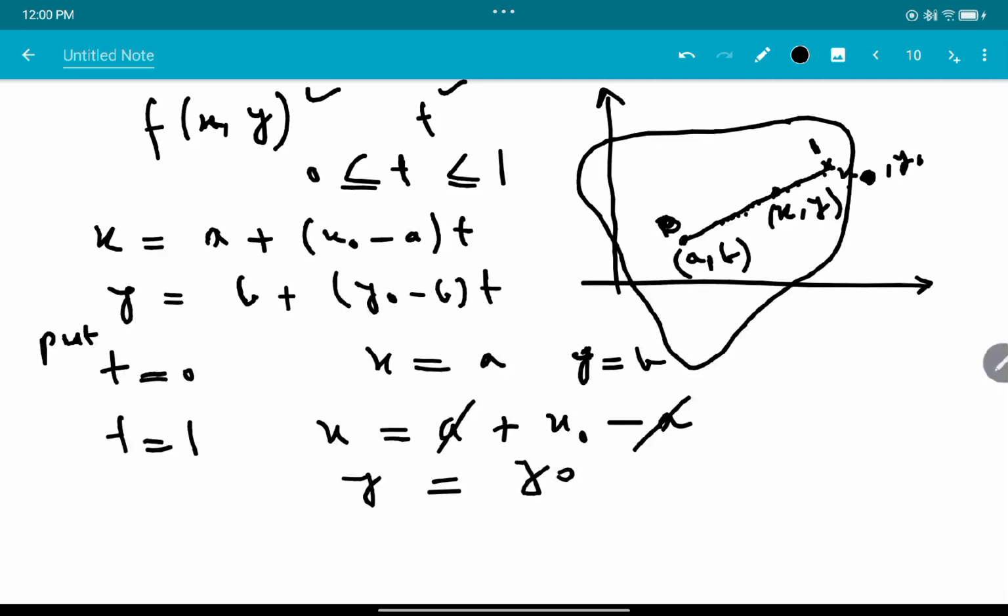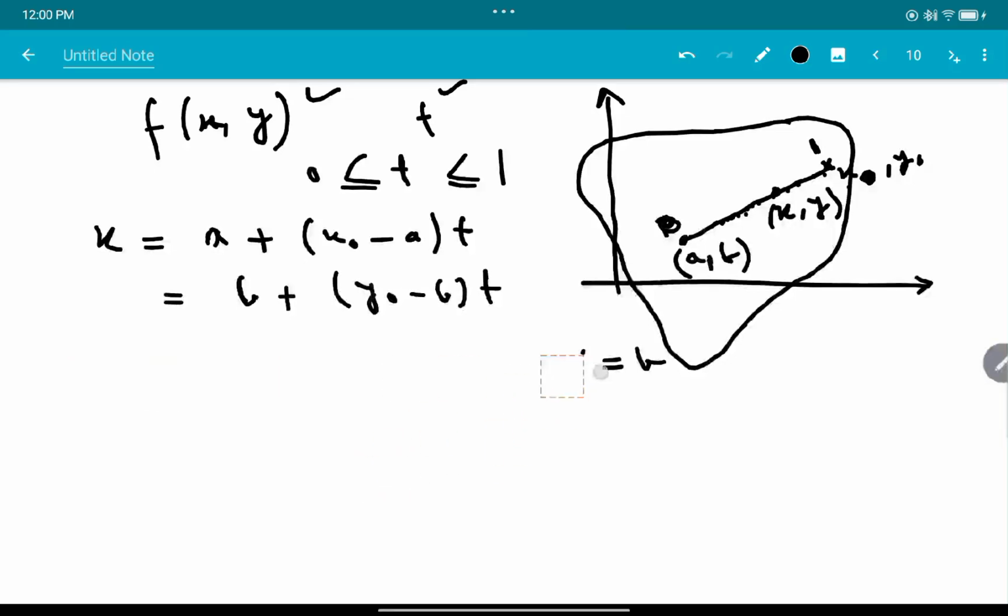Good. Now, what is the advantage? Why do we introduce this? The reason is that it will transform this f(x, y) into a function of a single variable. How? Let us see.